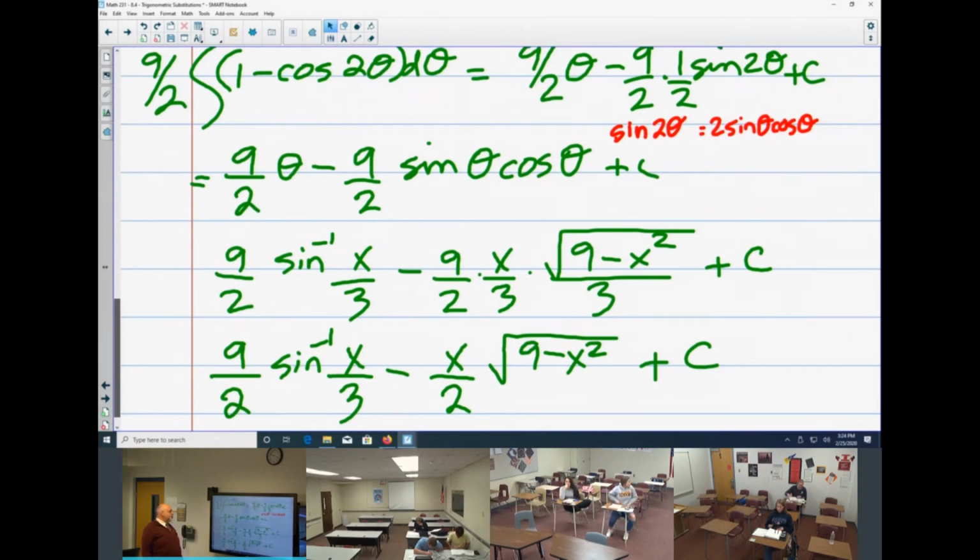Okay, so that was a little trickier. Had a couple of trig identities in there, having to rewrite theta with the triangle. But it still pretty much goes through the same pattern. All right. So let's just see how you do on practice 3. Let me scroll up so you can see how to get started.